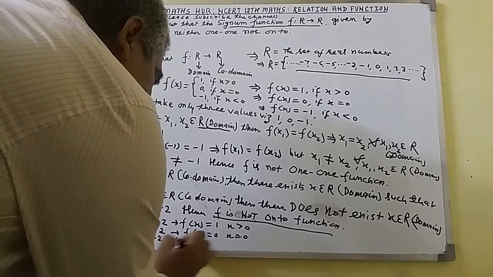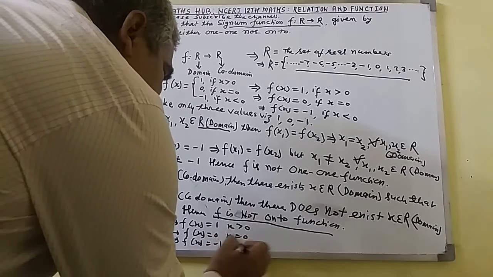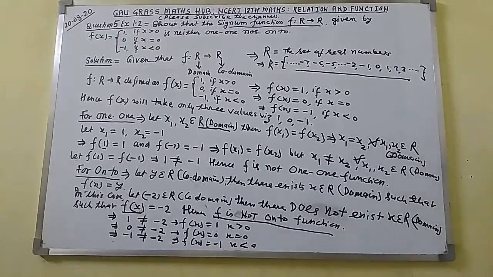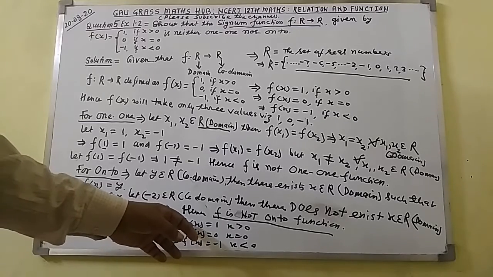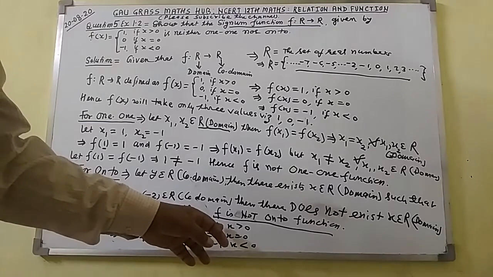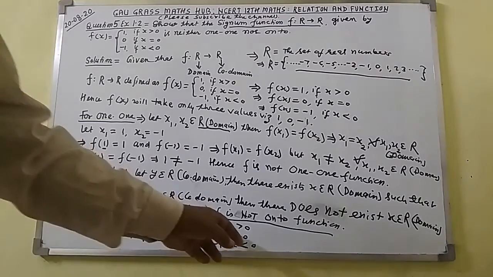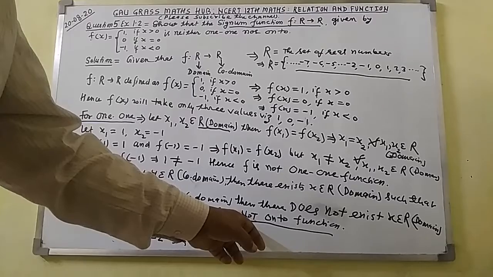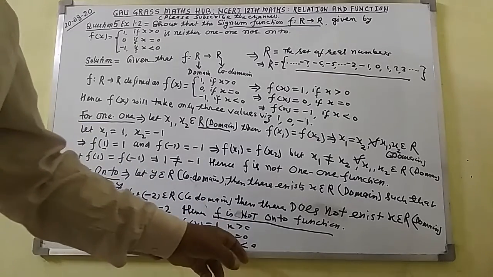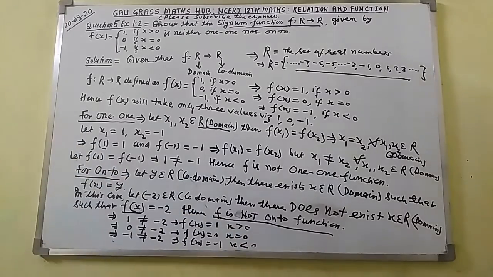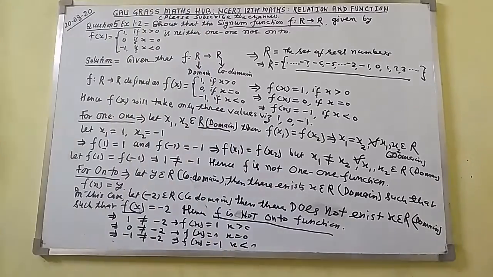Here you can write f(x) equal to minus 1, x less than 0. f(x) will have only 3 values: 1, 0, minus 1. So this is the case, that's why f is not onto function.